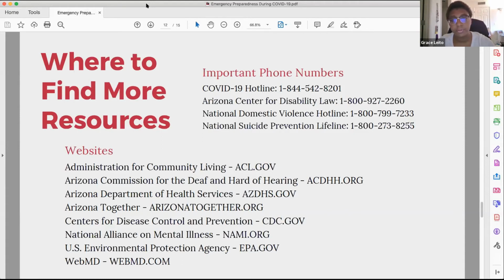A lot of public health officials are anticipating a rise in domestic violence just due to the stress of COVID-19. Like those multiple stressors that are going to be increased by COVID-19 due to financial stress or relationship stress. National Suicide Prevention Lifeline, that's always a good resource to have. Just make sure to keep track of your mental health during this time, because these are rough times.